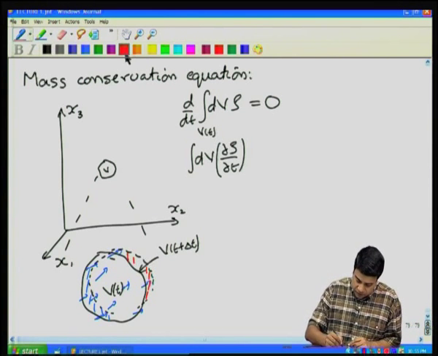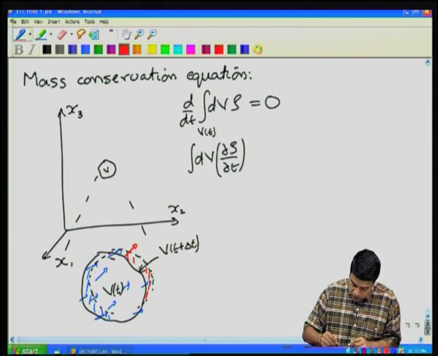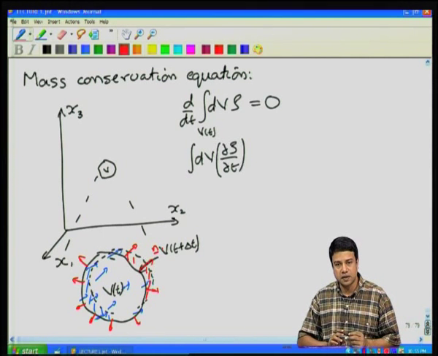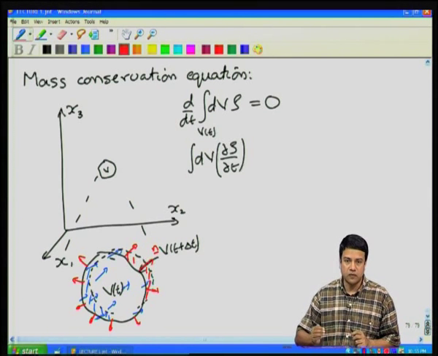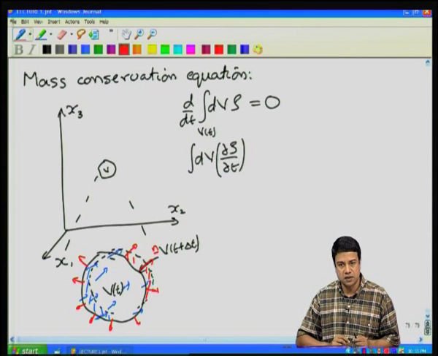If I define the outward unit normal at each location as n, then the distance moved by a patch on the surface is going to be equal to the velocity dotted with n. u dot n is the distance moved by a patch on the surface.